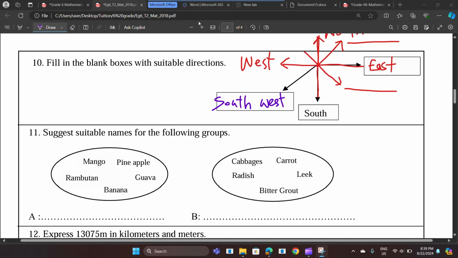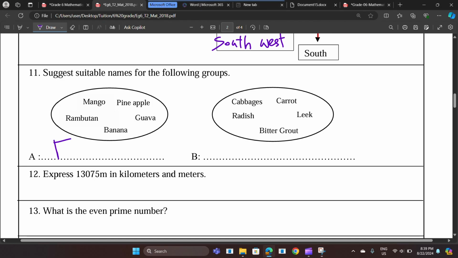It is fruit. It is easy. So we can write here fruit. A is fruit. And next one: cabbage, carrot, leek, bitter gourd, radish. Likewise, there are some vegetables. So we can group them as vegetable.